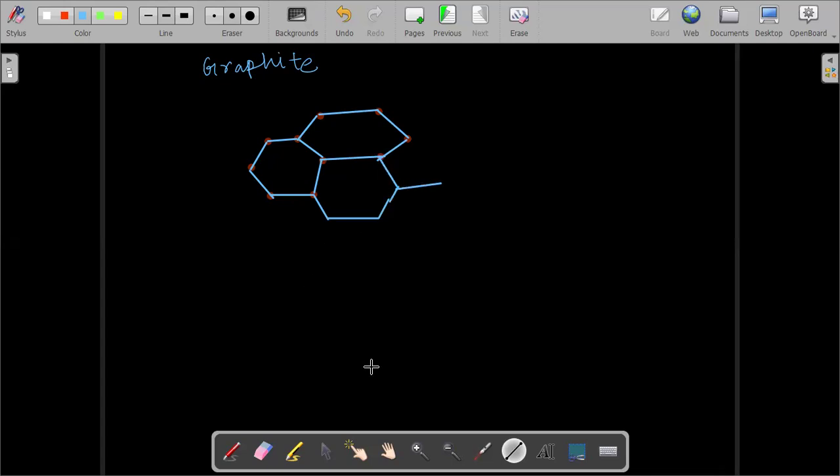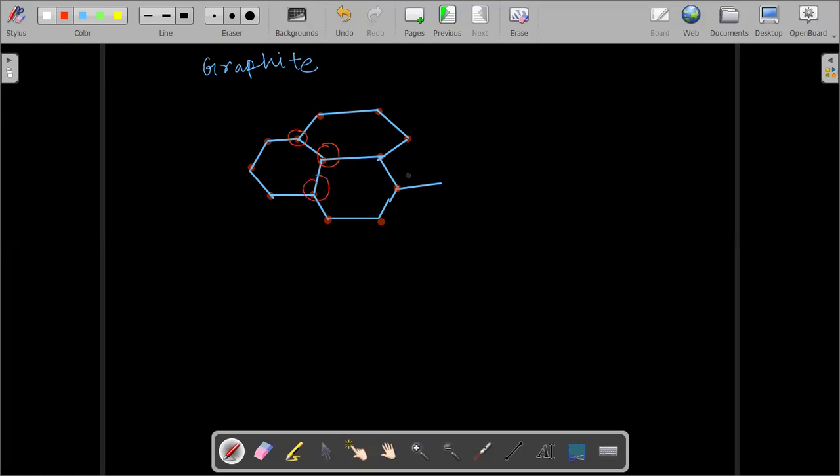I haven't drawn the complete structure, but if you observe here, the number of bonds formed by this carbon is 3. So this carbon is forming 3 bonds. This carbon is also forming 3 bonds. In the same way, this carbon is also forming 3 bonds.